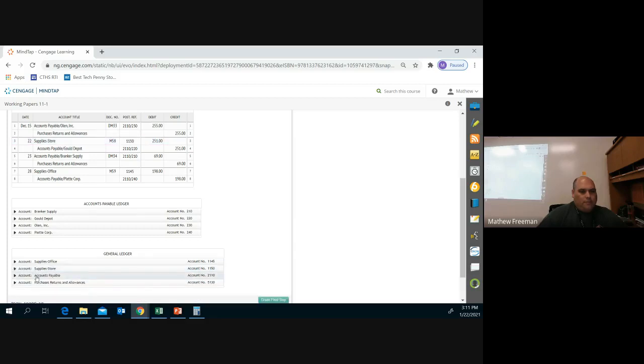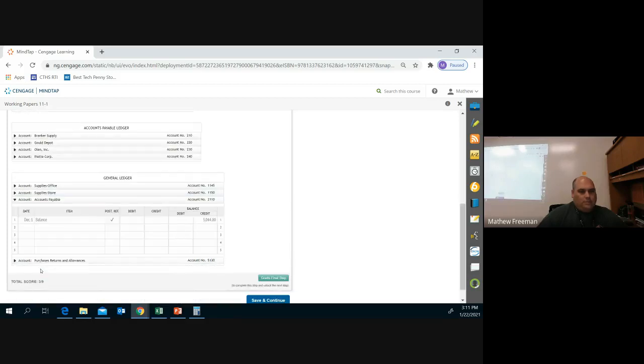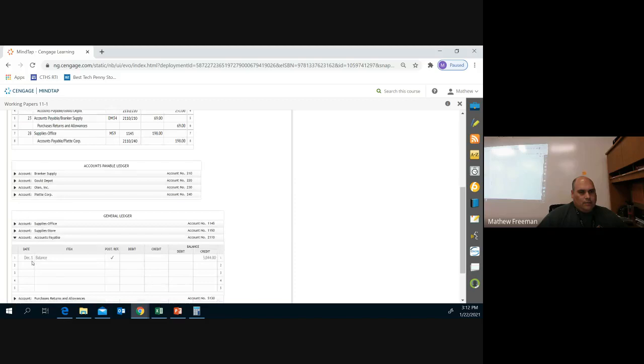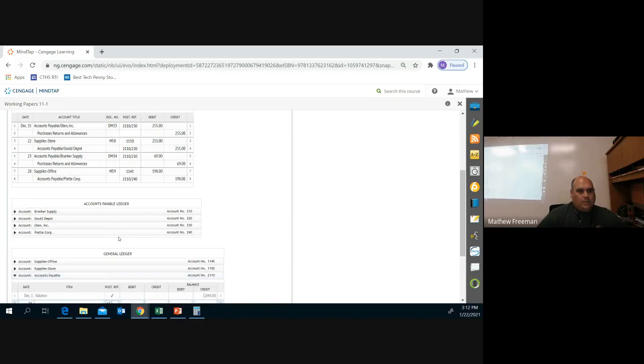Then we're going to come over here. We're going to hit accounts payable. Accounts payable is going to have a lot of entries. So we have 15 for Olean, D12 it. And Olean is going to be a debit.